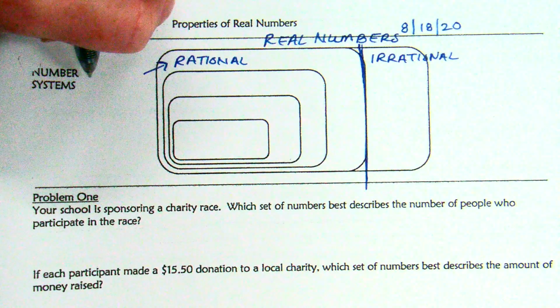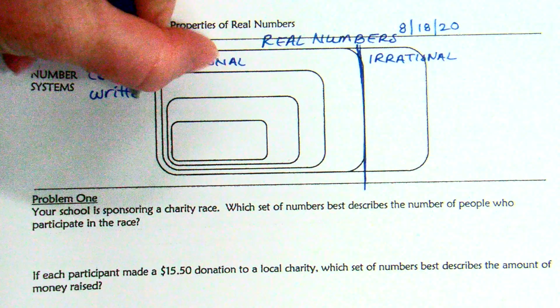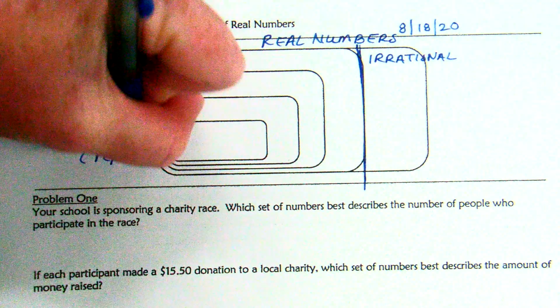Rational numbers can be written as a fraction, and in parentheses I'm even going to put down here, repeating or ending decimals. I ran out of room.